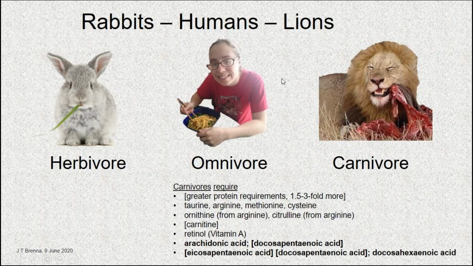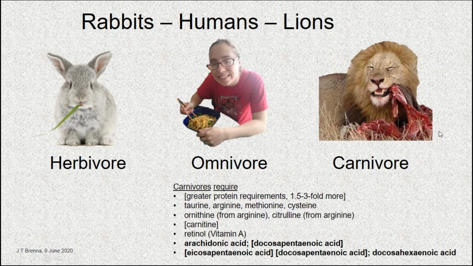Okay, so now I'll talk a little bit about this concept of whether we can make the DHA that we need. So back to a little bit of ecology, we understand that there are various ecological niches. There are herbivores that, after weaning, consume only plants.